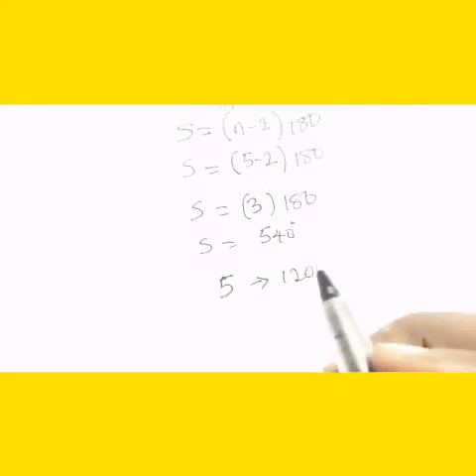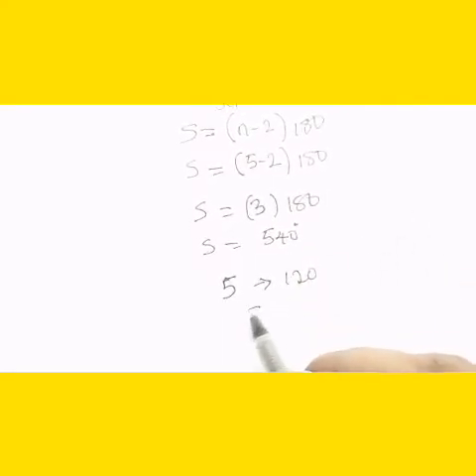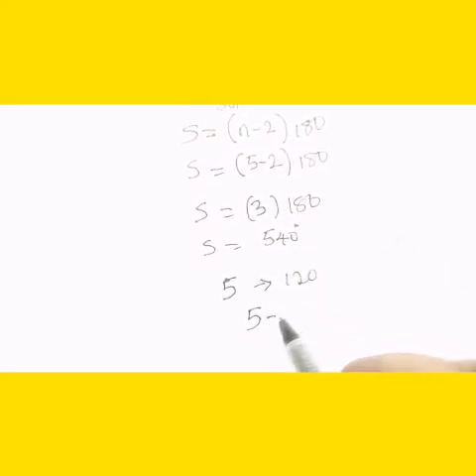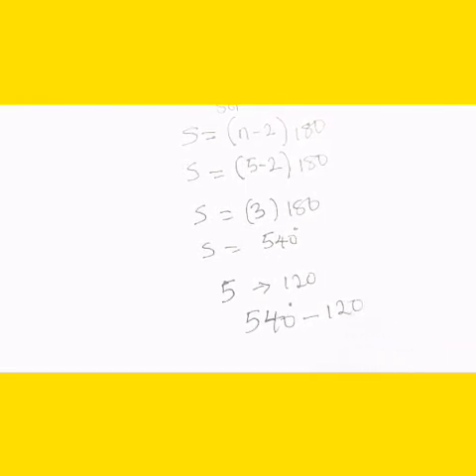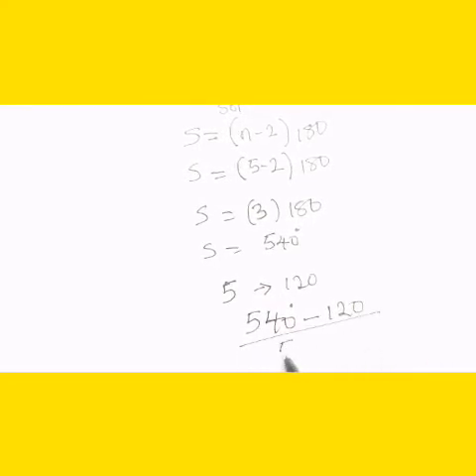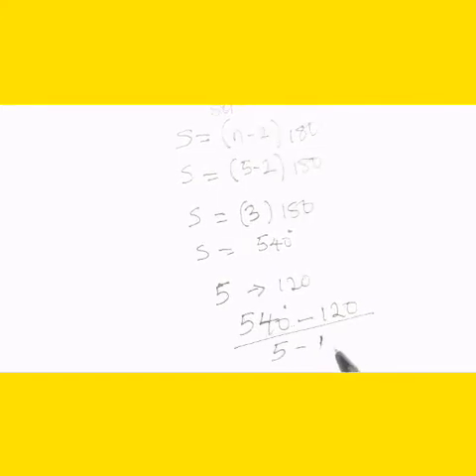We have 540, which is the total angle, minus 120, all over 5 minus 1.